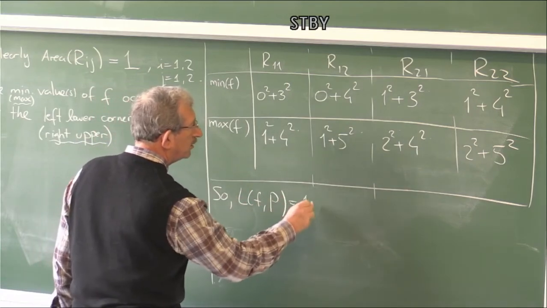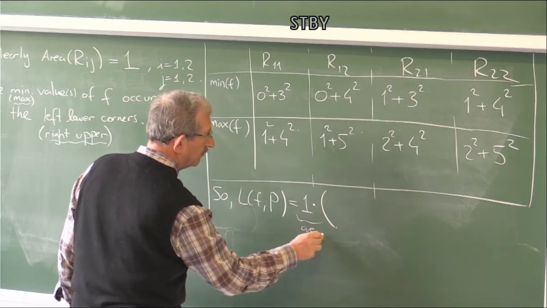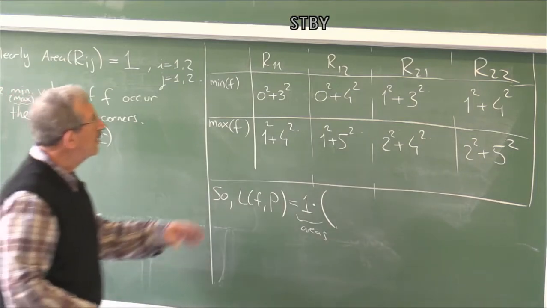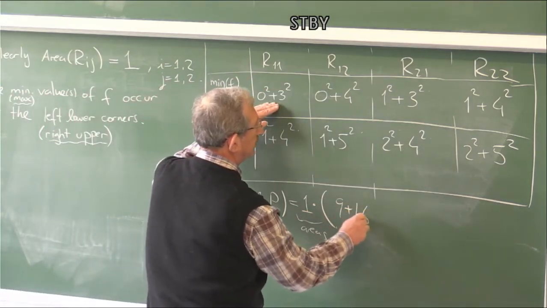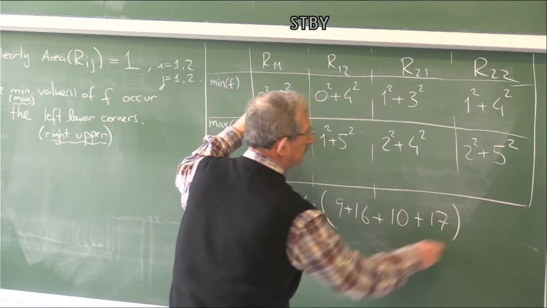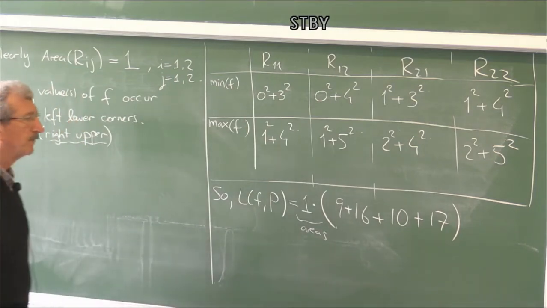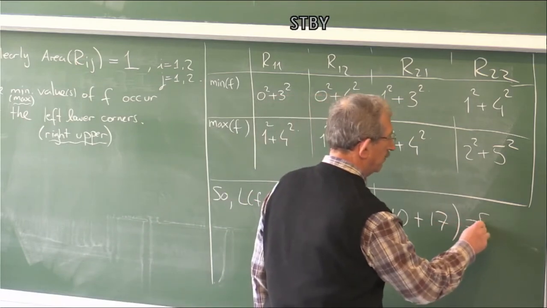So LFP will be 1 times, this is the area, they're all equal to 1, so I'm taking it out, the sum of these values. So it is 9 plus 16 plus 10 plus 17, which happens to be 52.